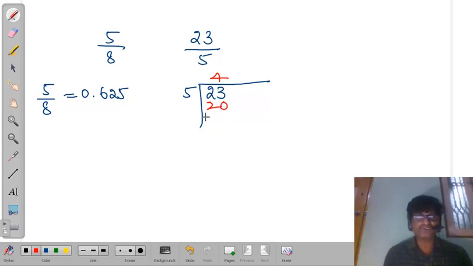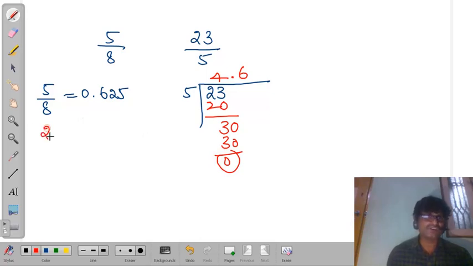If you subtract, you will get 3 here. Now, you can put point here and you put 0 here. So 5 times 6 is 30. So the remainder is 0. So here we can write 23 divided by 5 equal to 4.6.